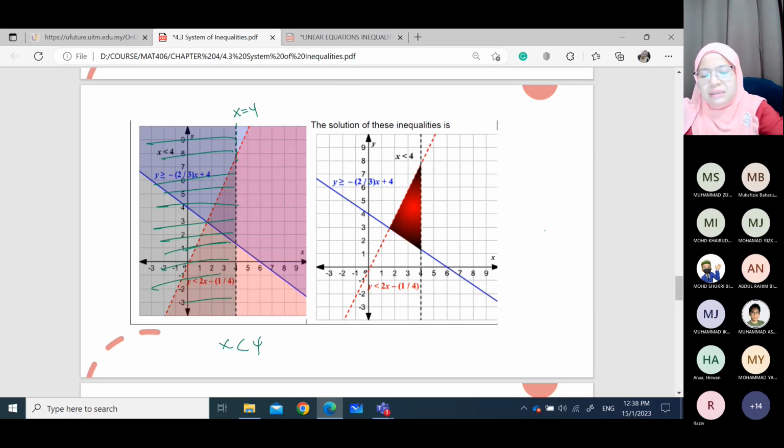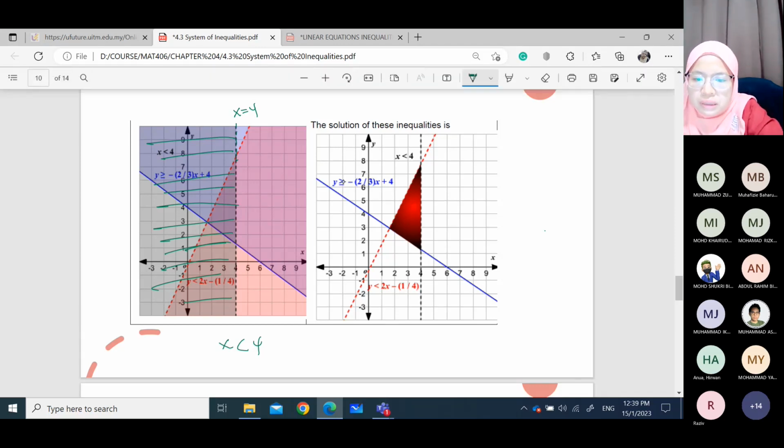So since kita ada 3 inequalities, the first one tadi, y greater than this one, yang color biru, color merah dan juga color hitam tu. Okay, so kita cari mana solution dia yang overlap dengan ketiga-tiga sekali. Kalau kita tengok graf yang ini, yang overlap adalah yang inilah. Overlap maksudnya dia lies pada region yang sama.